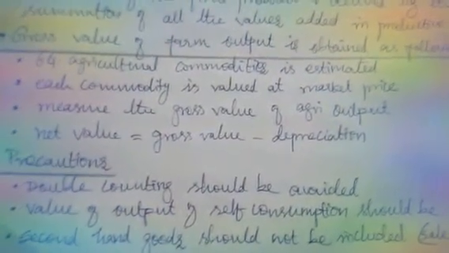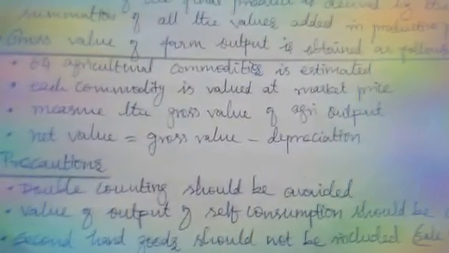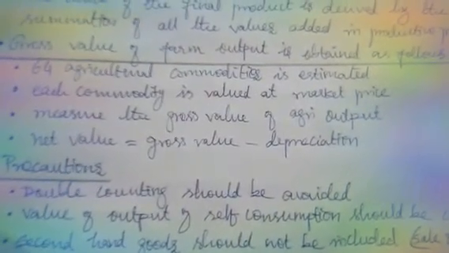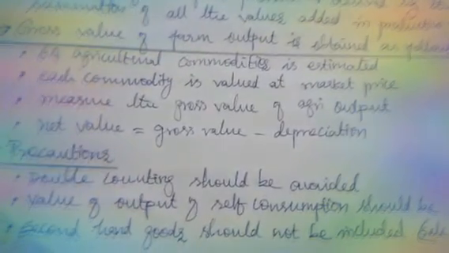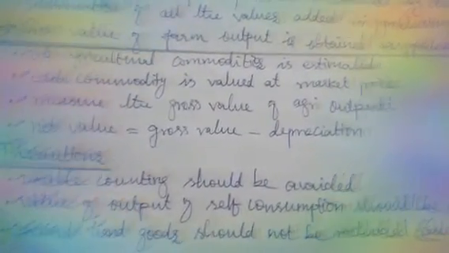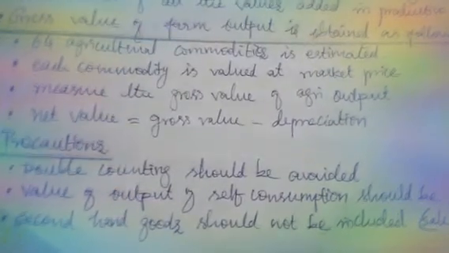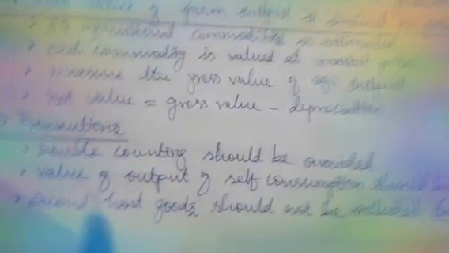How can we get the net value? We deduct the depreciation, like seeds, manures, fertilizer, market charges, etc., from the gross value. Then we get the net value of the 64 agricultural commodities.